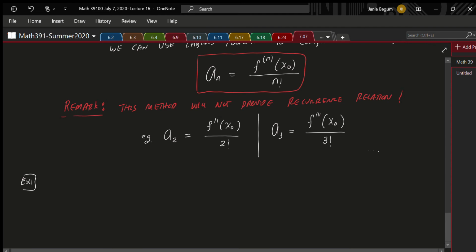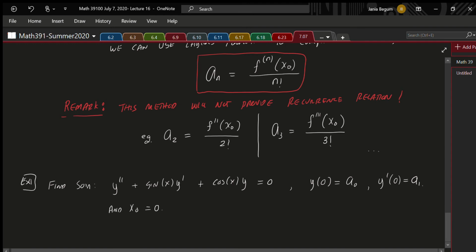Suppose you want to find the solution to the following differential equation: y double prime plus sine of x times y prime plus cosine of x times y equals 0, given y of 0 is a0 and y prime of 0 is a1, and x naught is 0. So again, we're centering at 0, so it's just nice.